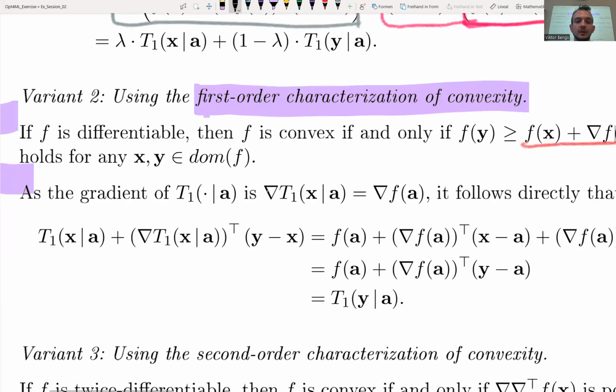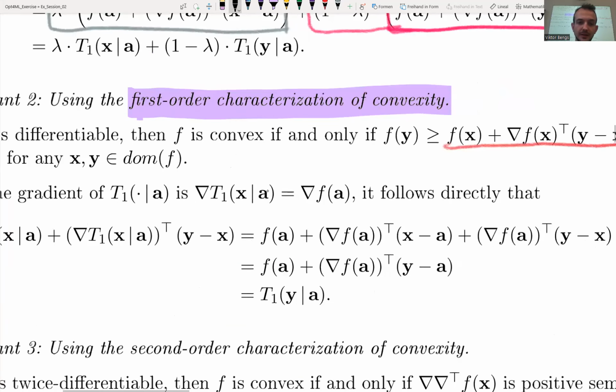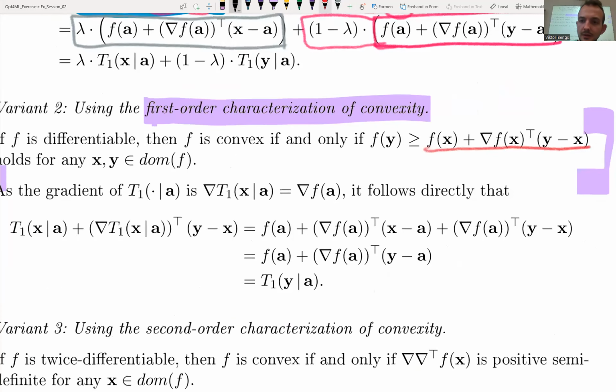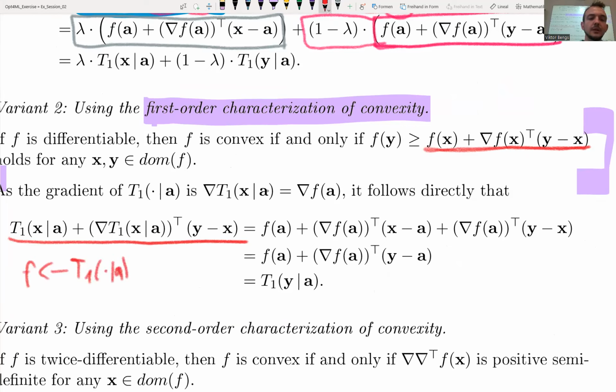And now let's plug in this. So we want that one. We substitute the f with the first order Taylor approximation. And this is what we do here. F is substituted by T1 at A. This is the substitution we do here.